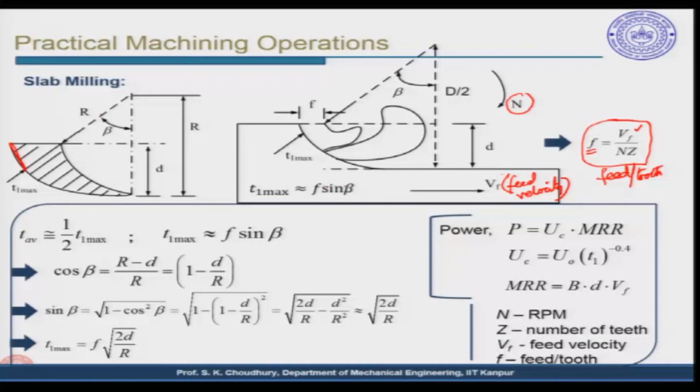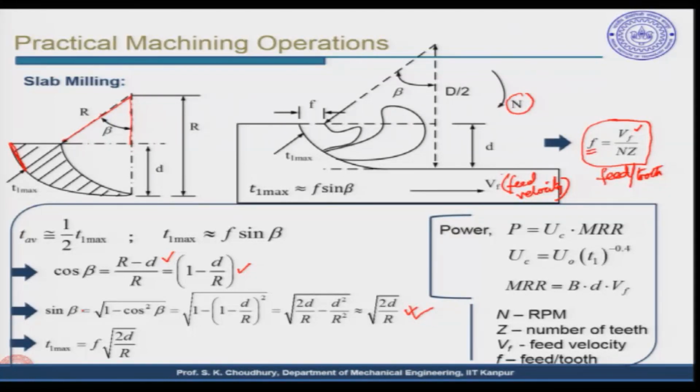T1 maximum is given as f sin beta, and cos of this angle is equal to this arm, r minus d, where r is the radius, divided by r. This value can be written as 1 minus d by r. So, sin beta can be written as root over 1 minus cos square beta, where cos beta is 1 minus d by r. So we get root over 2d by r, which is sin beta.